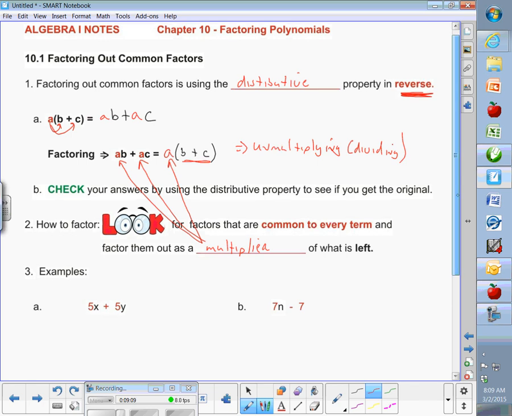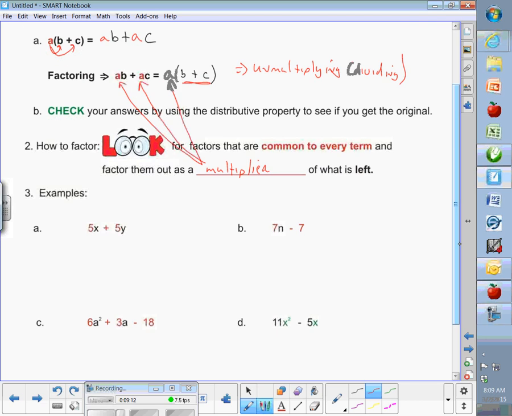Now, let me pause for a moment. There are situations in courses where an author of a textbook will decide to present material in a certain way. All right, there are a lot of different ways to skin the cat. So if you look in your book, you're going to look at talking about the GCD or the GCF and looking for the greatest common factor of all the terms and factoring those out.